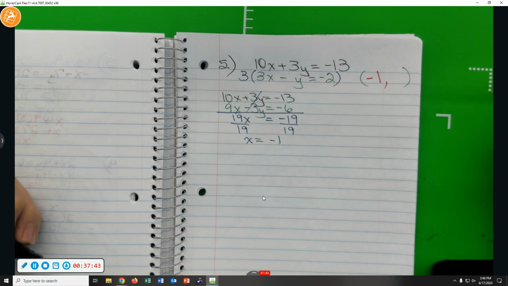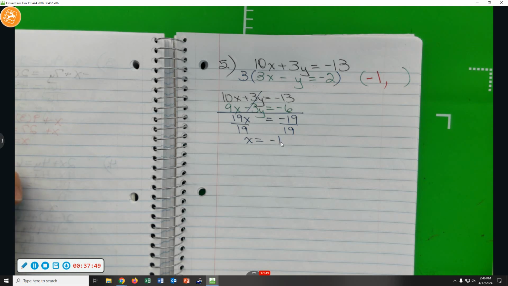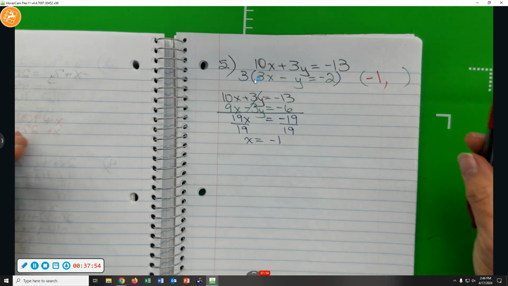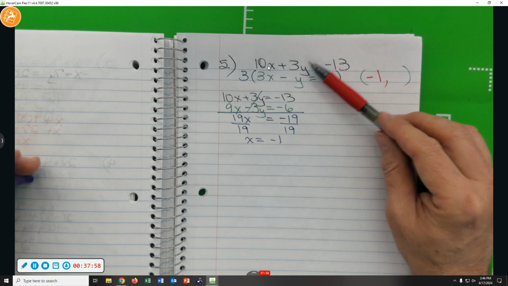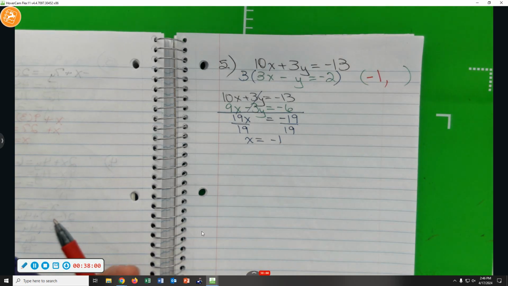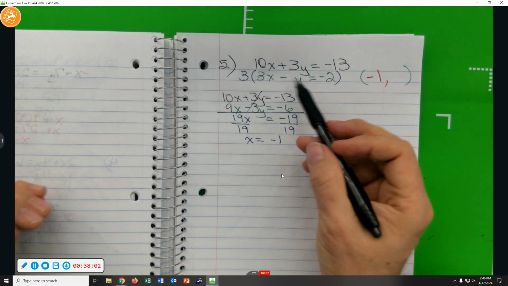What will we do to find y? Which one do you want to do, the first one or the second one? It doesn't matter. I think I'm going to do the first one. The numbers are a little bigger, but that's fine.